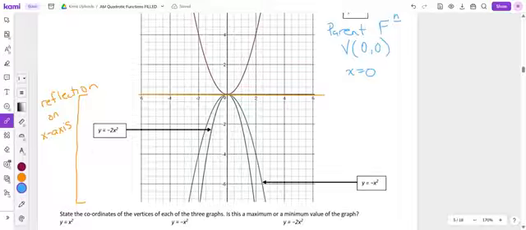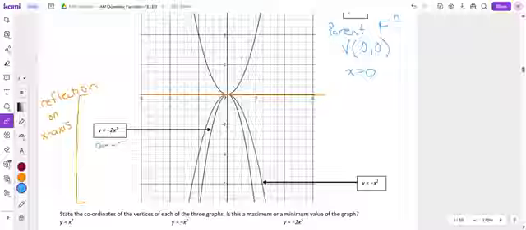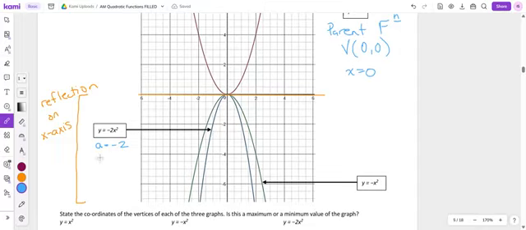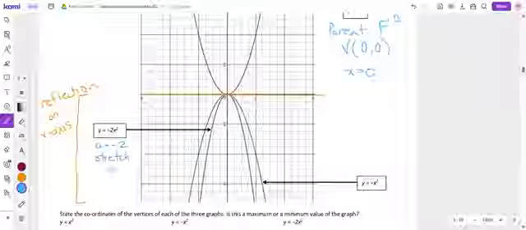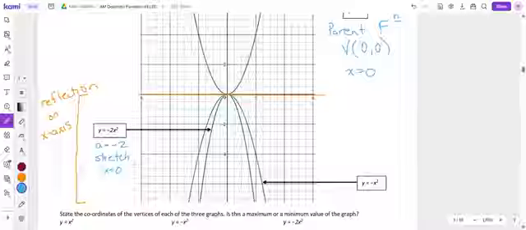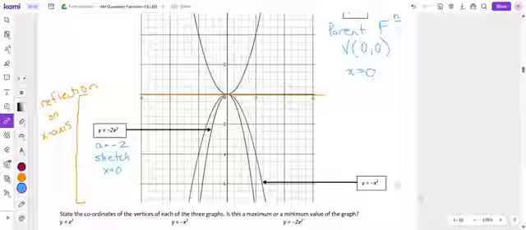And so when A equals -2, is it a stretch or compression? Still stretch. It opens down, right? What's the axis of symmetry? x equals 0, no translation, right?